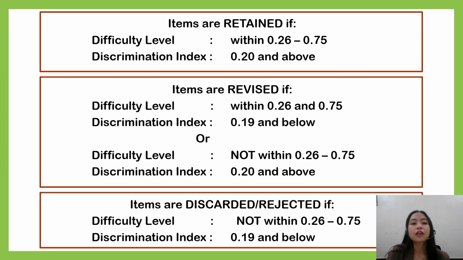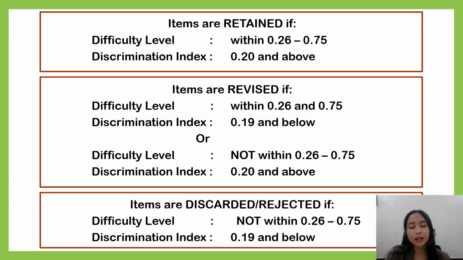Kapag ang difficulty level, dalawa yung basehan natin sa revise. So, if the difficulty level of that item is within 0.26 and 0.75, discrimination index 0.19 and below, i-revise mo siya.